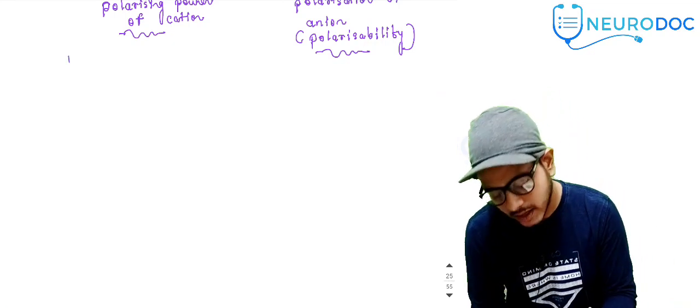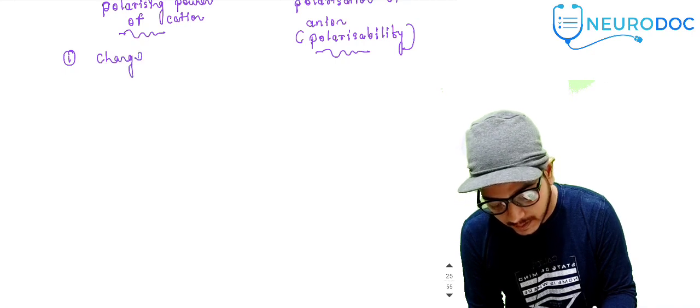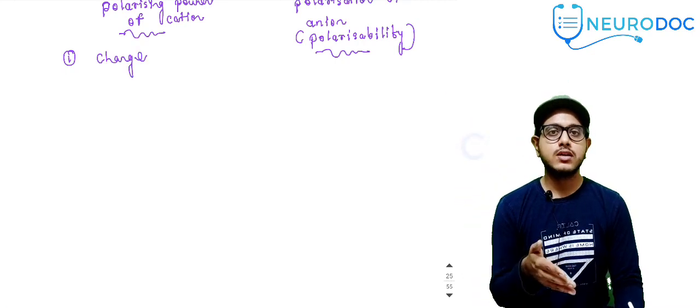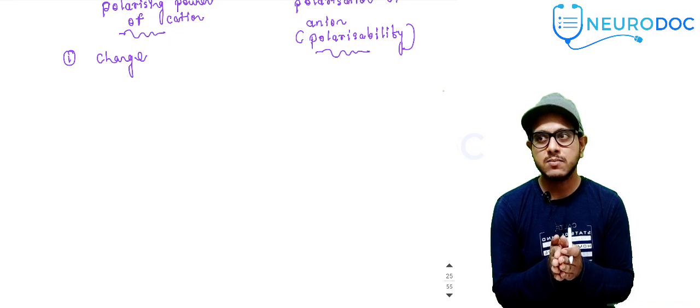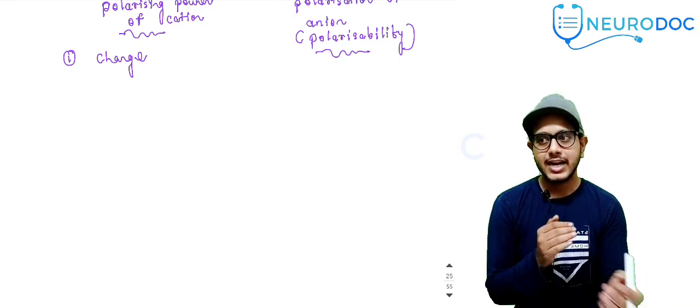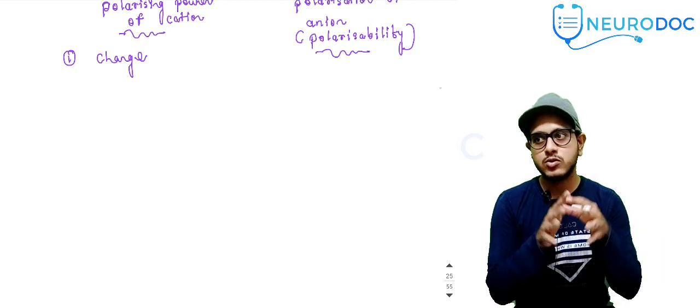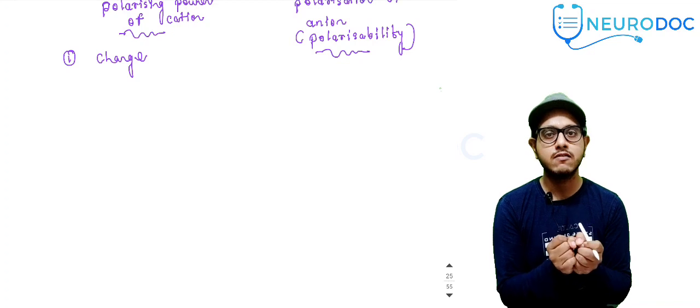Now factor number 1, charge. Now what do you think? If the cation has more positive charge, it will attract or polarize the anion more, right? Because the electron cloud is basically negative.